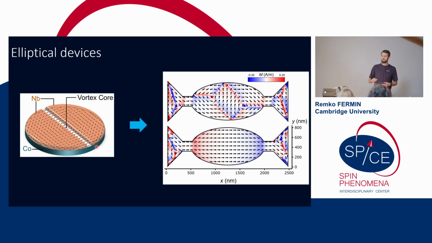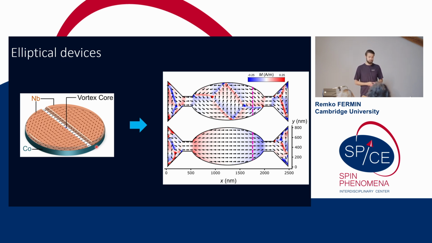In order to tackle this, we've also researched these elliptical devices, which actually have a bistability of the magnetic textures. So either there are two magnetic vortices, at either end of the device, or there is a uniform, bar-like magnetization.